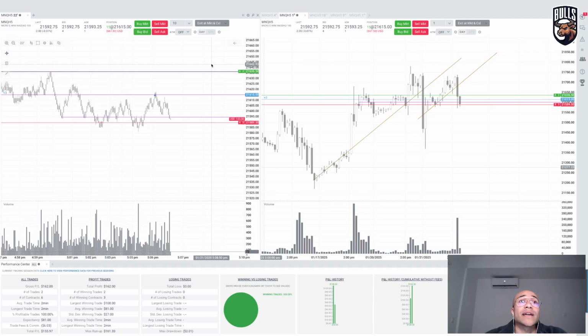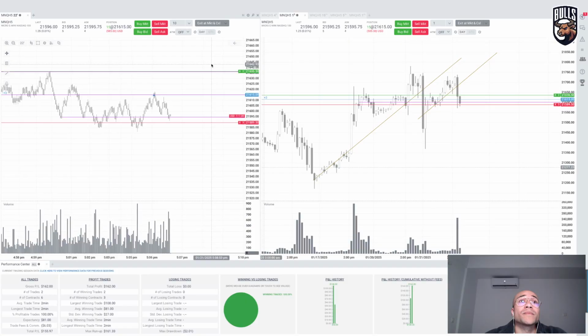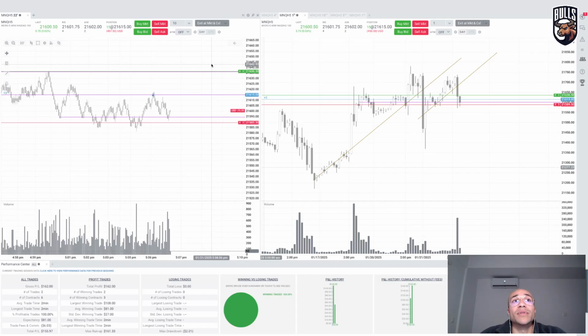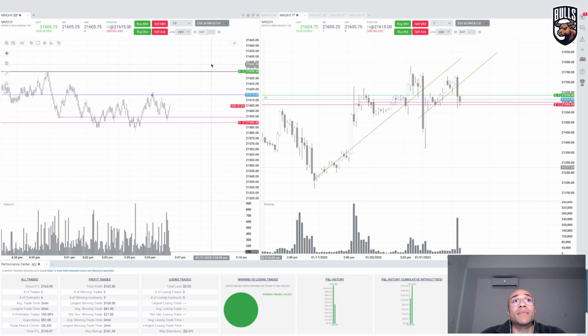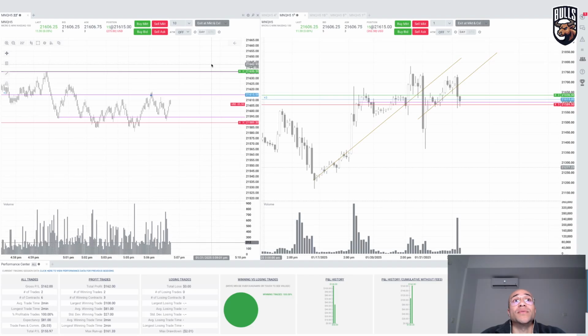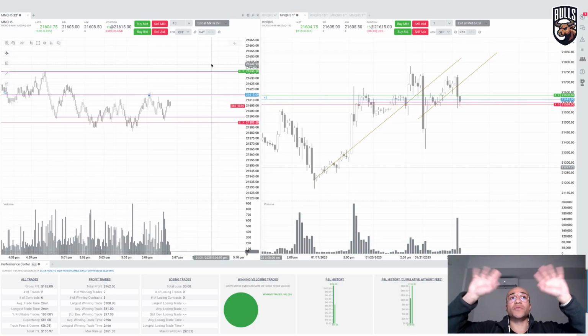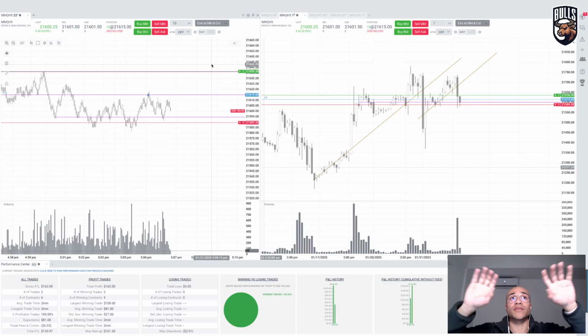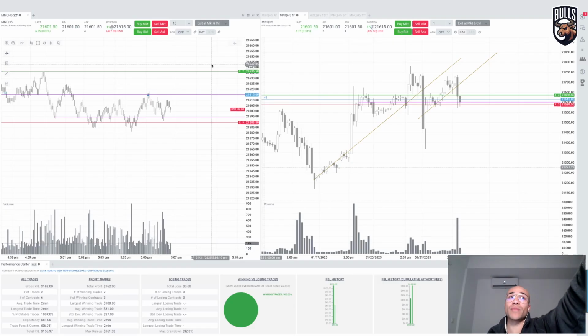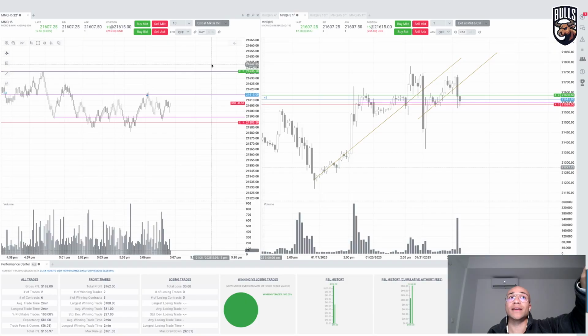A lot of volume coming in. Looks like I will get stopped out anytime soon. Definitely don't like the price action, but I always like my trades to play out and do its thing, right? Even if we're now moving in that range, I'm not going to move my stop loss or just exit. You know, we moved close to my entry again right now, and I could have just exited.